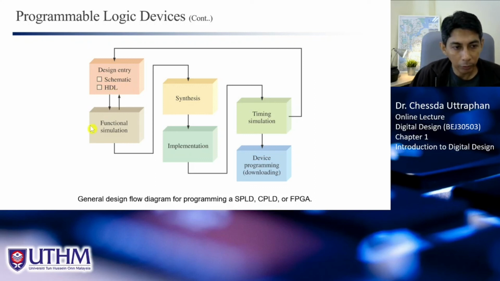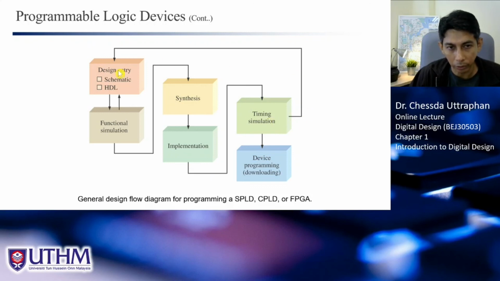We will do what we call the functional simulation, see whether our design is functioning, at least in terms of functionality, is okay before we continue to synthesis. So synthesis means to translate from language to the circuit, netlist to the circuit, and implement on the real hardware and do the timing simulation, whether it meets the timing or not.